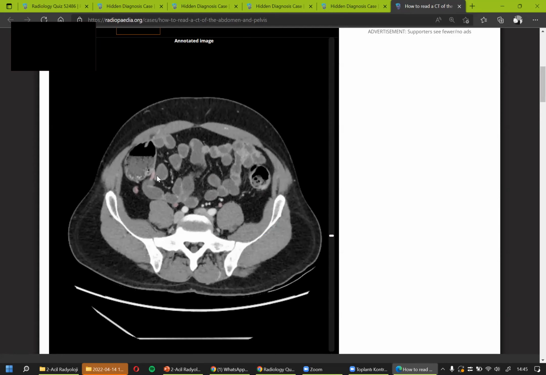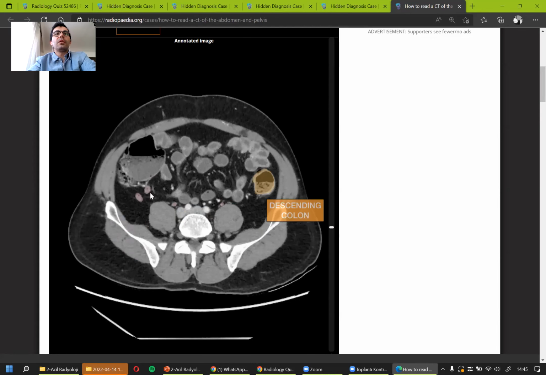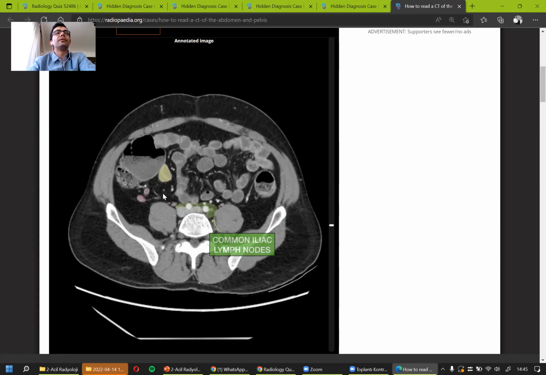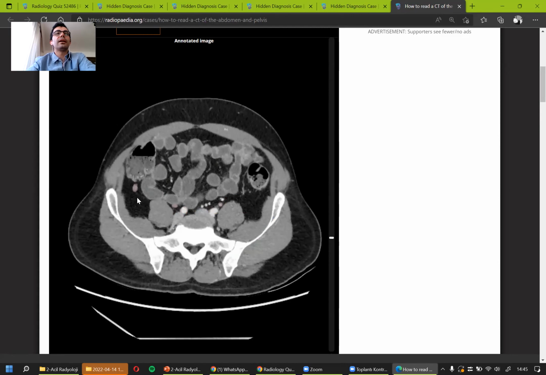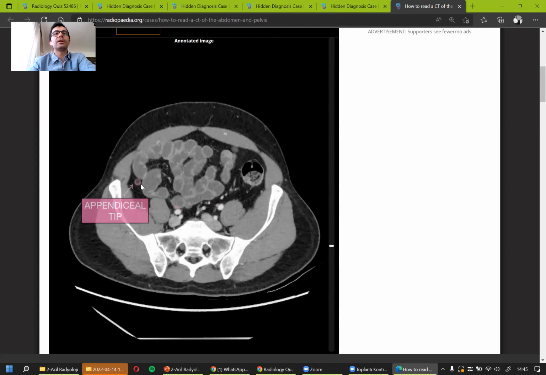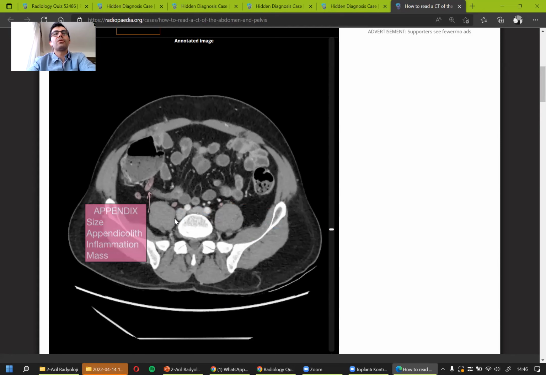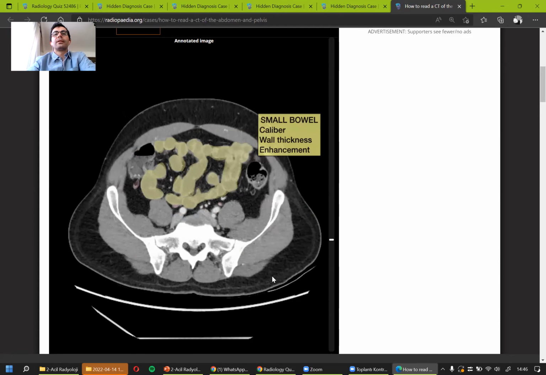From the cecum, I'm seeing the small appendix, which is a round structure, and diameter is limited to 6 millimeters. Please remember that one, which originates from the cecum and ends blindly. So it's not going to be connected to anywhere. Okay, this is a normal appendix.